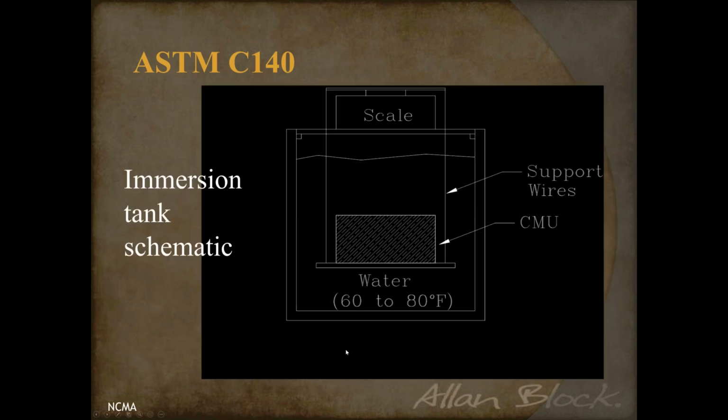And this is a schematic of the immersion tank. So they actually have a scale or apparatus hanging into the water, and they take the saturated block and put it on the pallet, and they can weigh the block as if it's submerged. And it's a very unique tank and situation.